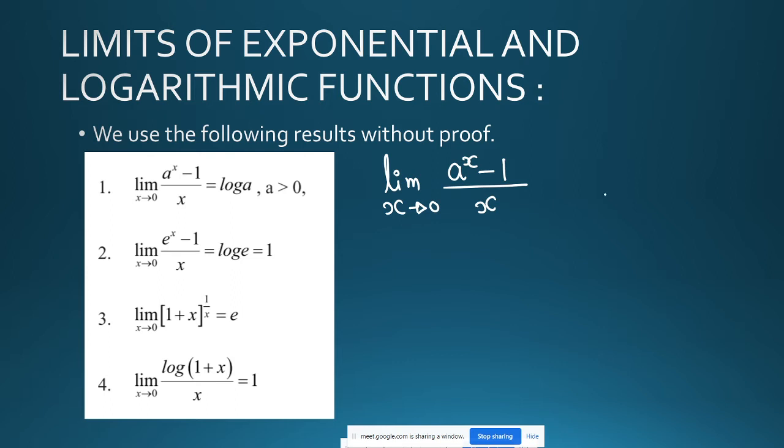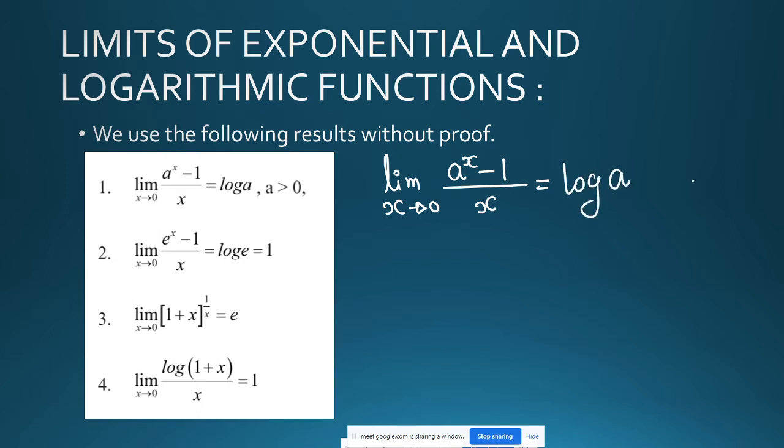But the first question is, is it a 0 by 0 form? Means if you substitute the value x equal to 0, you will get numerator and denominator both as 0, right? So whenever it is 0 by 0, we have a way to solve it, and after solving this, we get the value of the limit as log a.